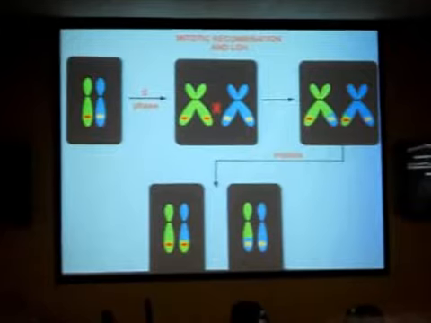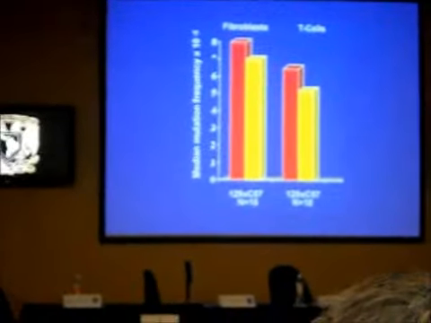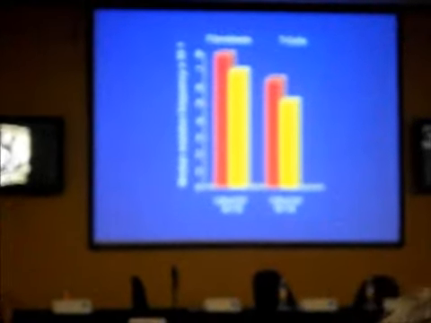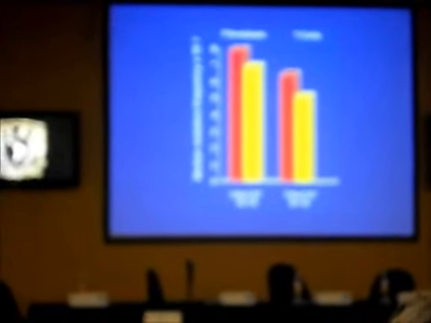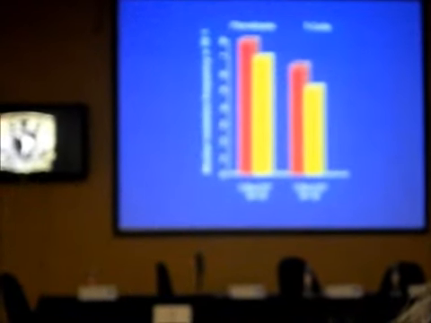So let me just now show you a summary of a large number of animals that we've done. This is one representative experiment. And we're comparing fibroblasts and T cells.